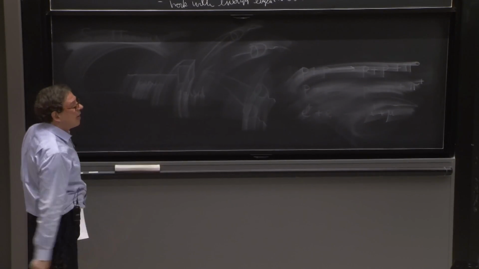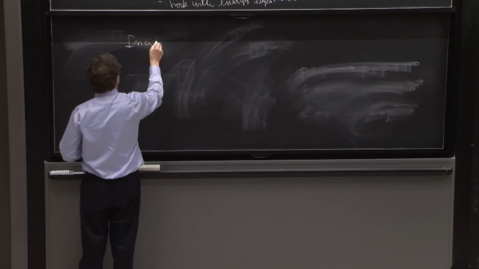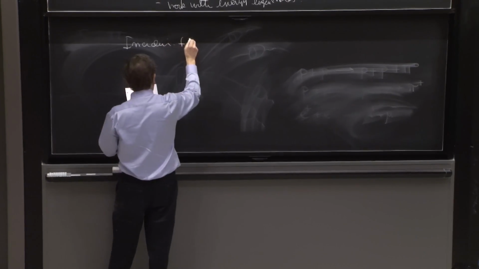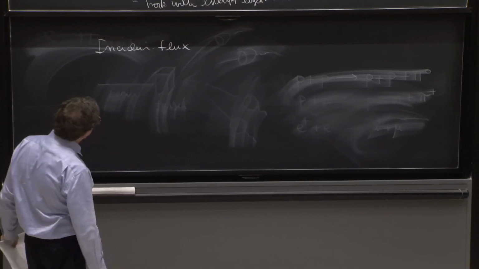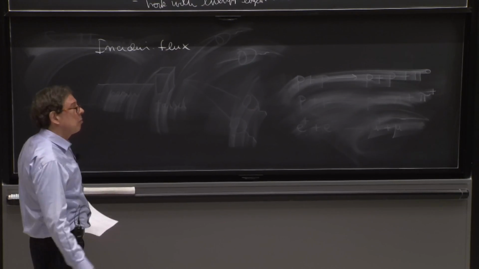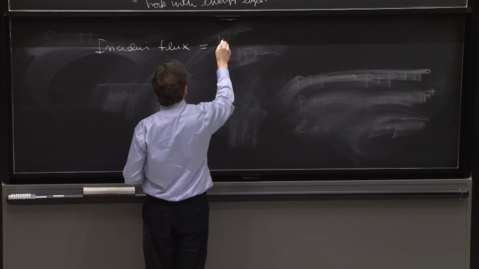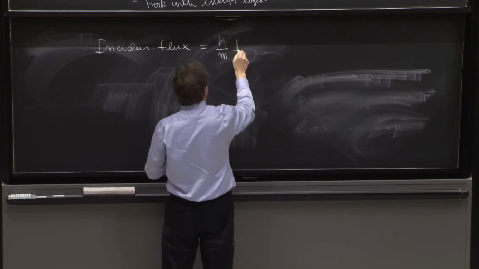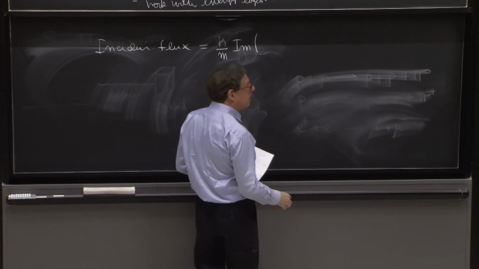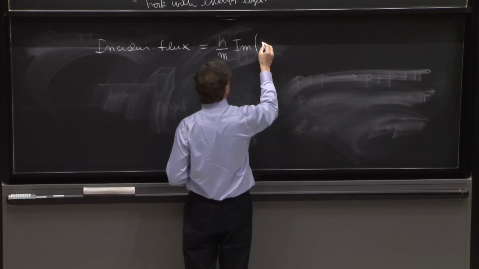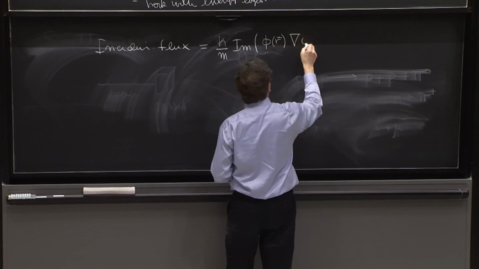If you think of the flux of incident particles, the incident flux, we think of it as the probability current, which is number of particles per unit time per unit area. So it's h bar over m, imaginary part of phi star of r, gradient phi of r, where I should use the incident wave function.